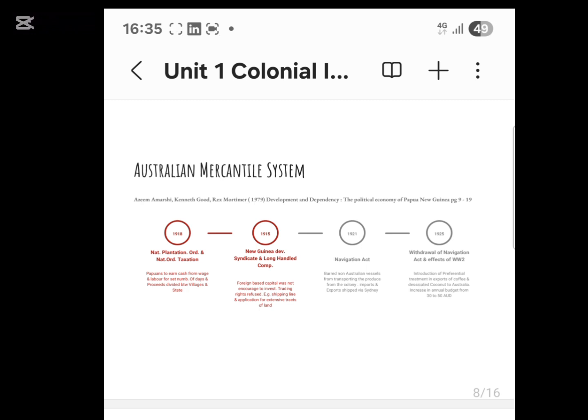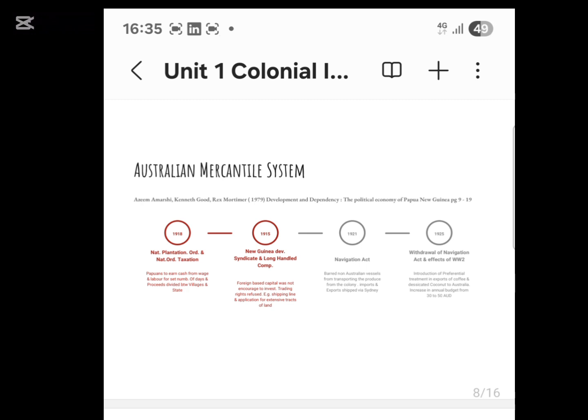Remember, any law or regulation is an example of a statement of power. So, for example, to consolidate and strengthen the Australian mercantilist system, one such law was the Native Plantation Ordinance Act or Taxation Act, which requires Papuans to earn cash from wage labor for a set number of days.